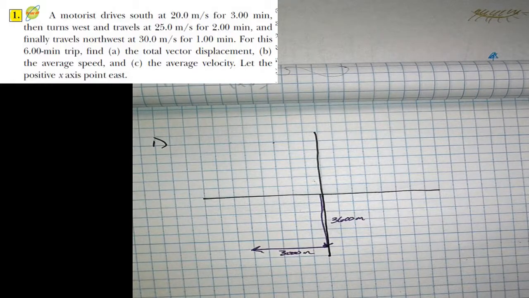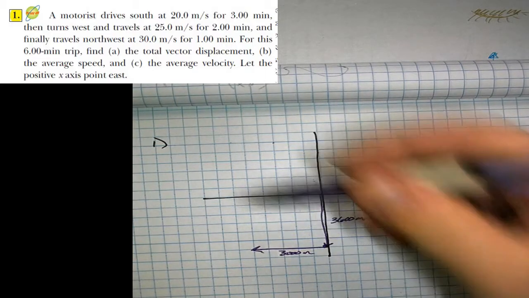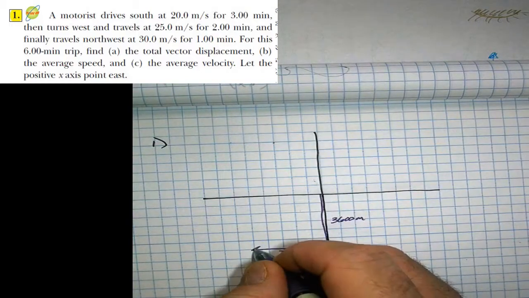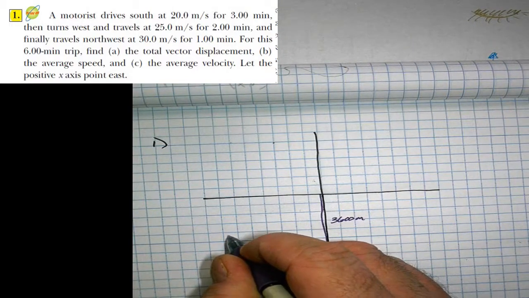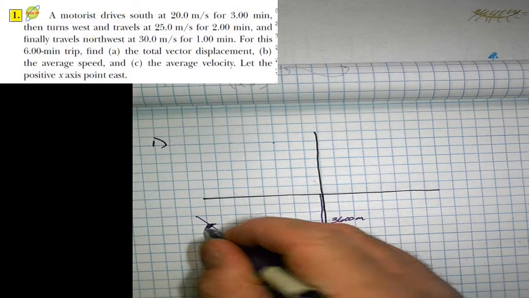Okay, and then northwest at 30 meters per second for 60 seconds, which is 1,800 meters. So it's going to be roughly something like that.